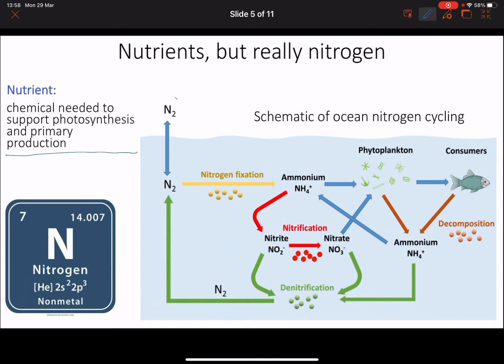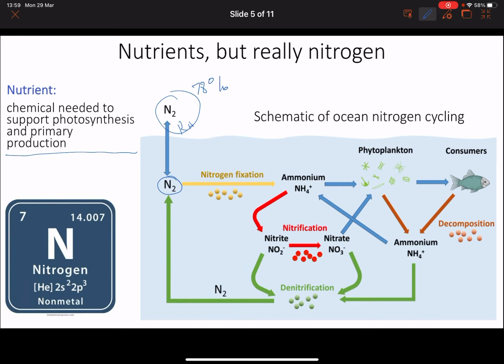So this is N2 gas in the atmosphere, which in the dissolved gas lecture we learned there's a lot of, right? 78% of the atmosphere is made up of N2 gas. And this does indeed dissolve into the ocean. So there's some dissolved N2 gas in the ocean, and this is controlled by Henry's Law, as we know about. But this dissolved N2 gas can't be used as a nutrient, which really sucks for the phytoplankton in the ocean.